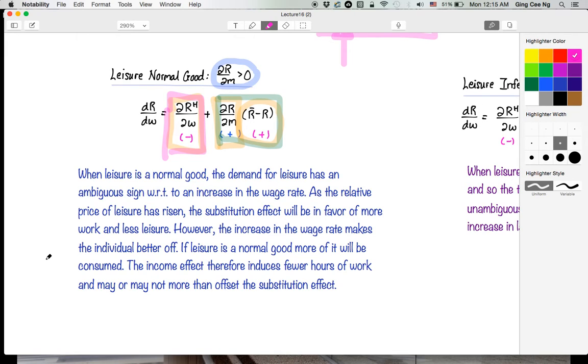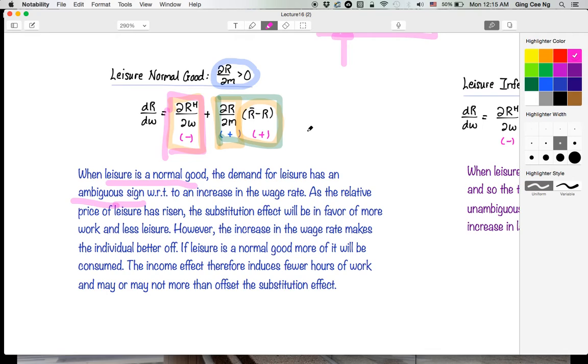Yeah, that's right. So when leisure is a normal good, the demand for leisure has an ambiguous sign. Okay, it's ambiguous. So it's really going to depend on whether the income effect or substitution effect is dominating, because the income effect and substitution effect have different signs. And what's going on here is, the more I'm making, the less I want to work.